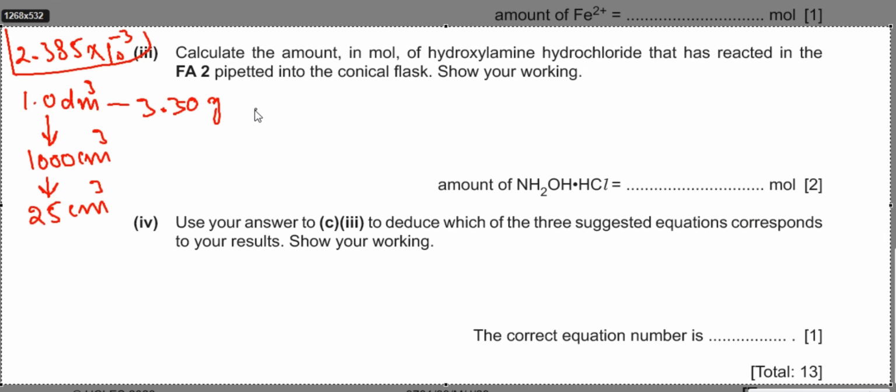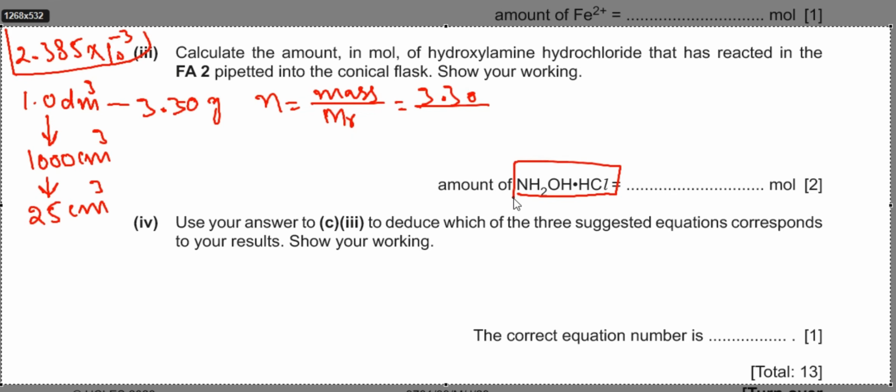Now to find the moles, remember we have 3.30 grams. To calculate the moles, we know that moles equals the mass divided by the molar mass, Mr. In this scenario, the mass is 3.30 divided by the molar mass of hydroxylamine hydrochloride. This is the formula.